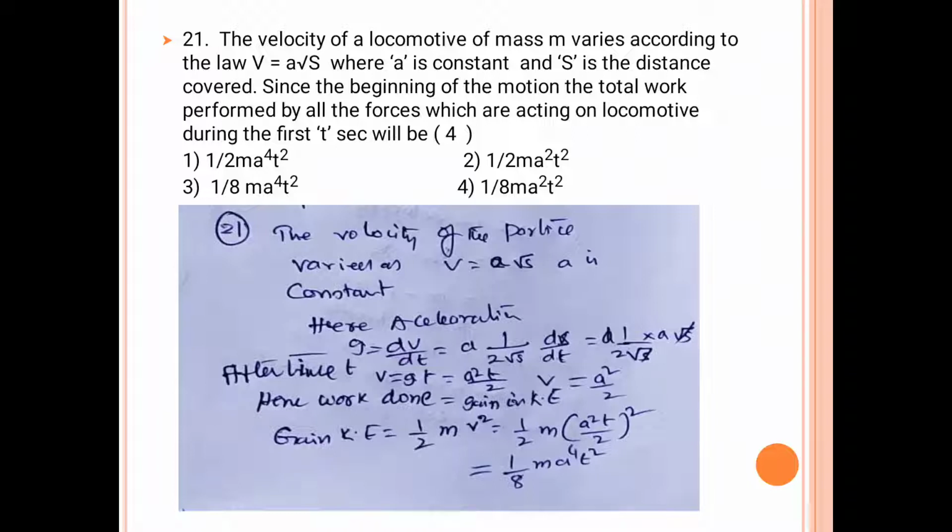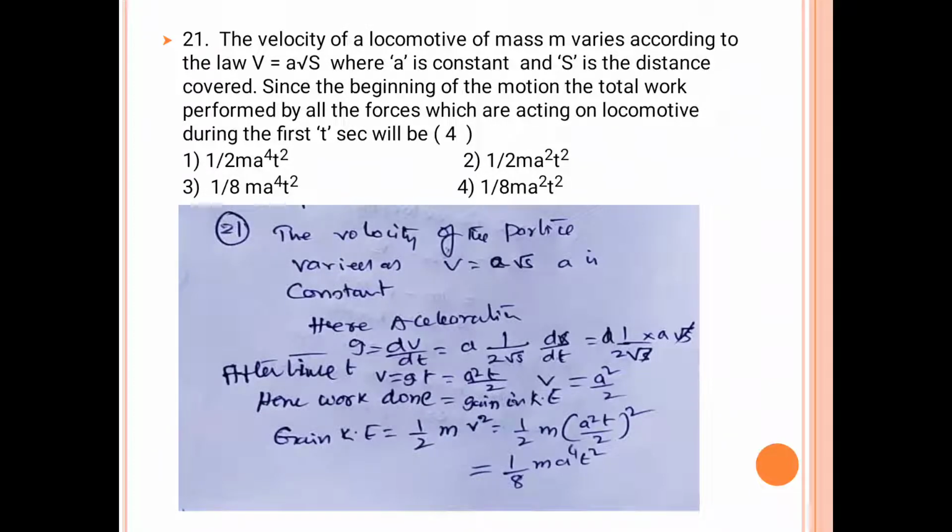21. Here the velocity of the particle, in the sense you can take it as the locomotive, varies with s as v is equal to a into root s.